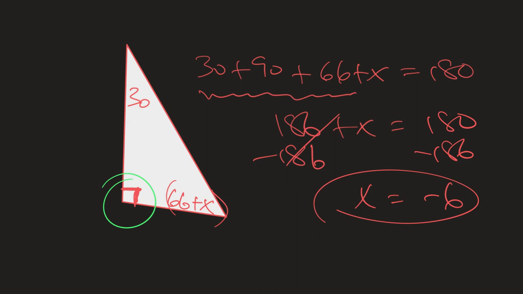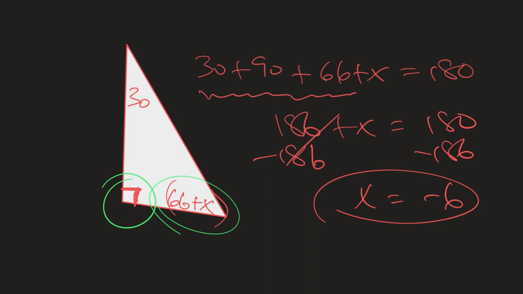They probably want to know, what is that angle measure right there? And that angle measure was represented by 66 plus x. We just found x to be negative 6. This does not mean, and sometimes when we solve an equation and we get x equals something, we kind of think, oh, that's the answer. This angle is not negative 6 degrees, okay?